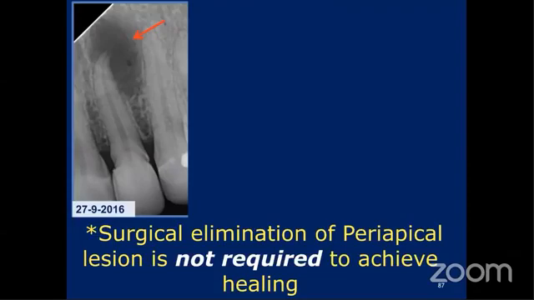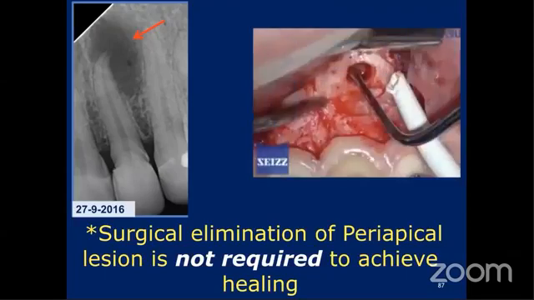So my message here: surgical elimination of periapical lesion is not required to achieve healing. So we will not think anymore about making a flap and enucleating the lesion, because we have nothing here to remove. We only have immunity cells. What we are doing is just harming the body. The body is sending you a message.